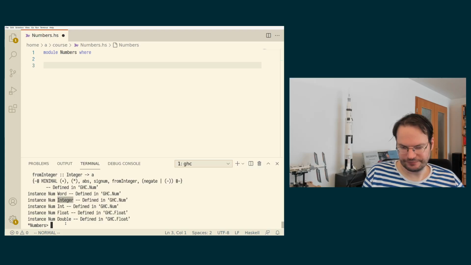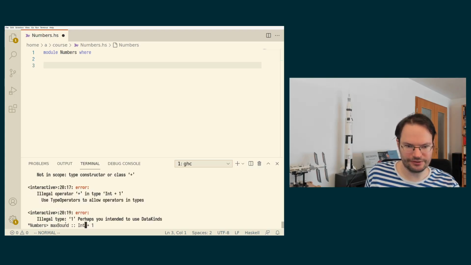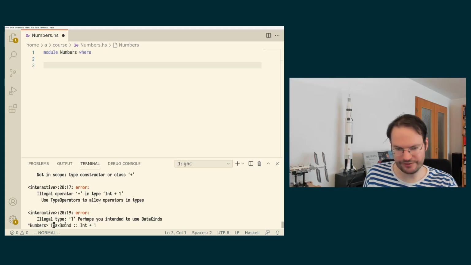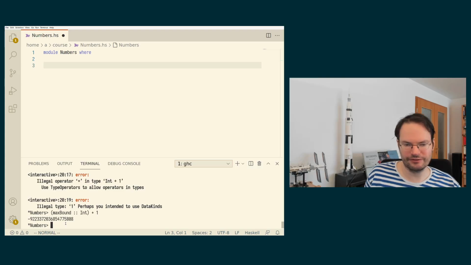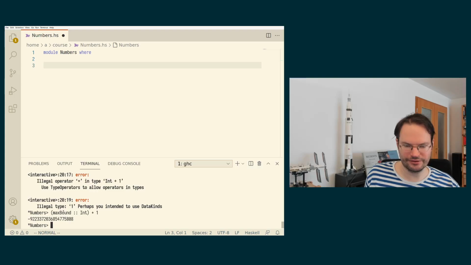And so that means that, for example, Ints are also an instance of the Bounded class, and we have a maximum value, and we can, sorry, now the type signature does not scope correctly. We can add one to this and get an overflow, and so on and so forth. So these are our integers. Whereas Integer, spelled out, is not an instance of the Bounded class.